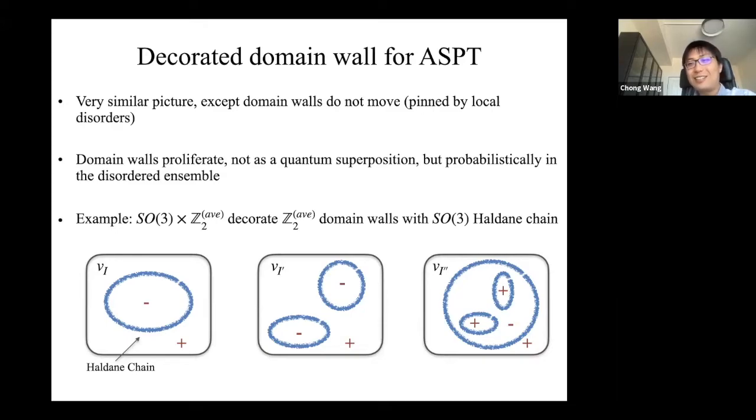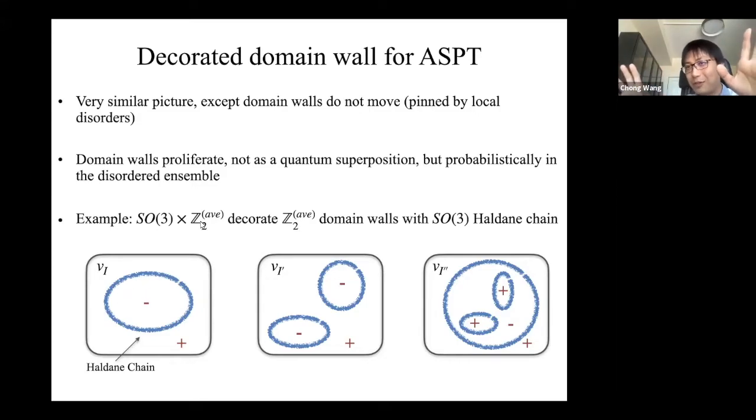Then you have a domain where they're all polarized down in the middle, and the spins don't transform under the Z2. If you want to construct some solvable model, the easier thing is to have two separate sets of degrees of freedom. There's the spin, and there's another Ising spin that transforms only under the Z2 and not the SO3. You turn on some random field for the Ising spin.